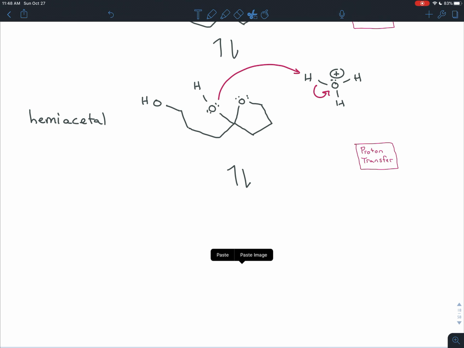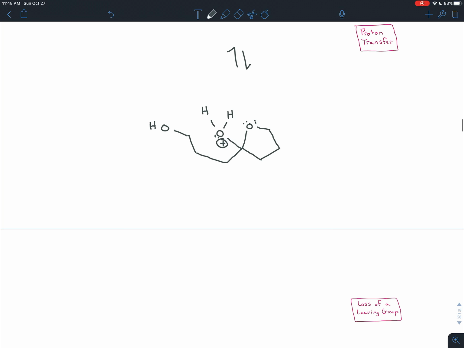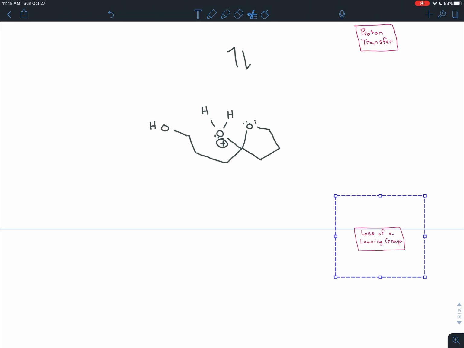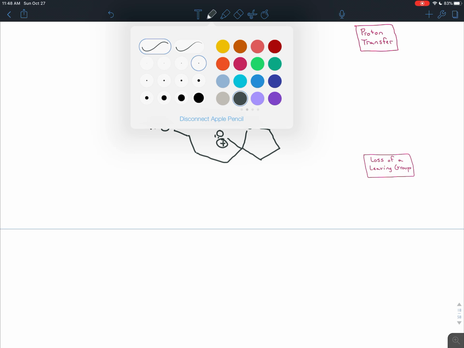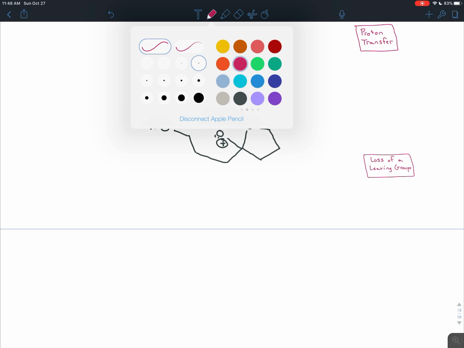So we're going to have this same molecule, but these lone pairs will now be a bond to a second hydrogen. This oxygen has 3 bonds, so it has a full positive charge. And now it's an amazing leaving group. All it needs is a small push, and the leaving group will leave. The push comes from the lone pairs on the adjacent ether.